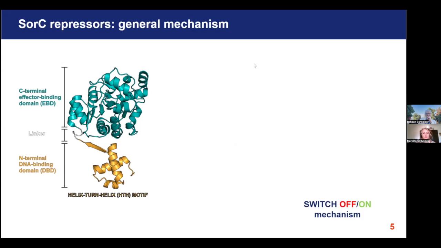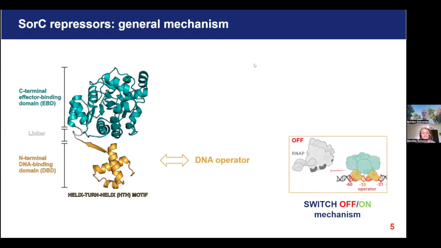Otherwise, they are known as repressors that work under a so-called switch off and on mechanism, which means that in the case that the products of the regulated genes are not needed, the protein sits on a specific region of the DNA sequence, which is called the DNA operator, and sterically hinders the RNA polymerase.